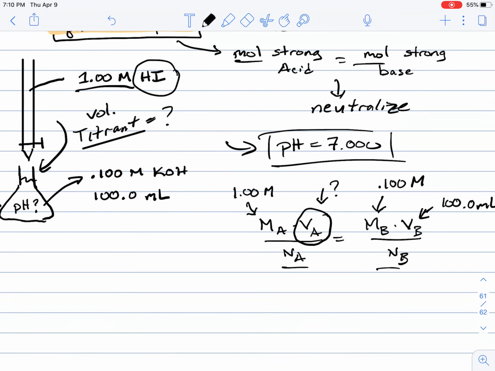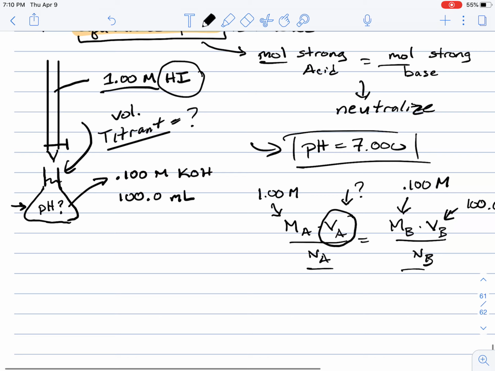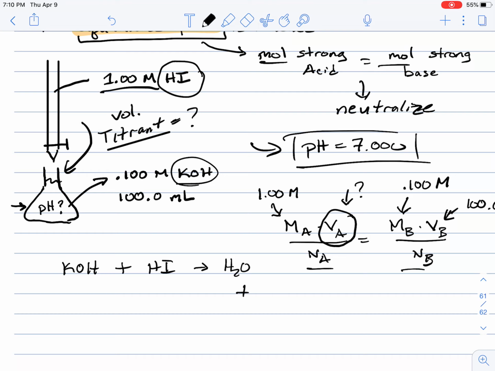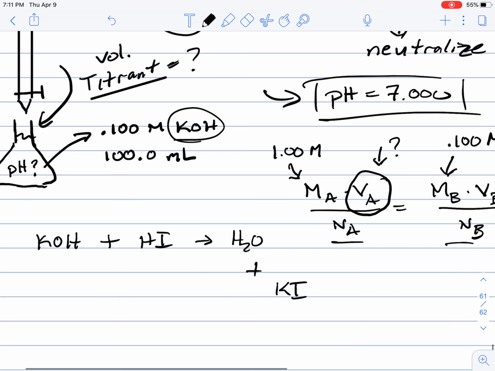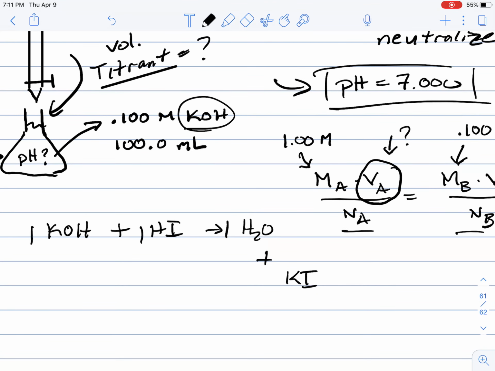So let's talk about NA and NB. So that's going to come from the coefficient of this acid-base neutralization reaction. So notice that it's potassium hydroxide that's reacting with hydroiodic acid. And so the result that we get is going to be water and the salt, which in this case is potassium iodide. Now, if you check this chemical equation from left to right, you'll see that this is a 1 to 1 to 1 to 1 ratio. So this is going to represent NB, this is going to represent NA.